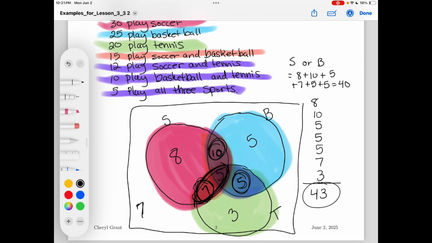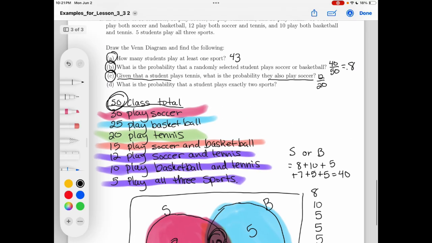This group of 7 right here plays soccer and tennis. We do not want to include the very center of 5 because they play all 3 sports. So we want to add up the 10, the 5, and the 7 to get 22 out of a total of 50. So the answer to this is 22 out of 50.